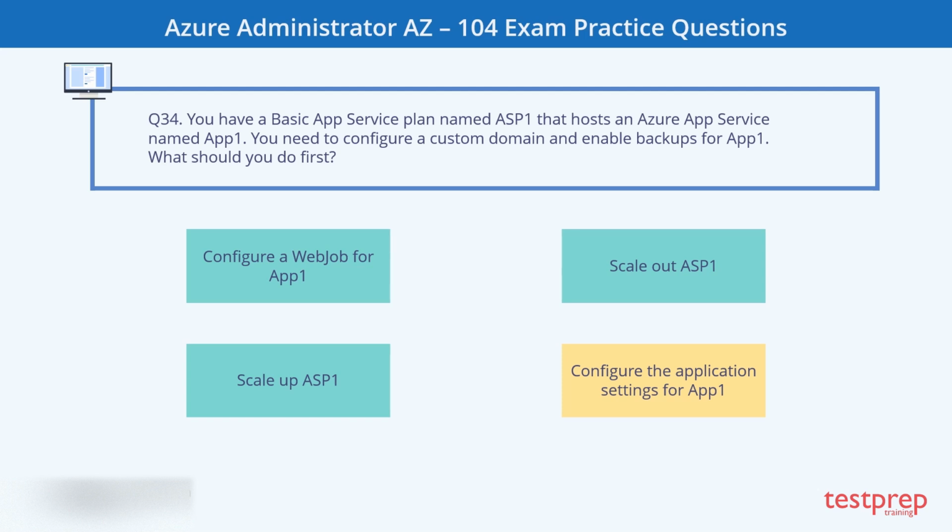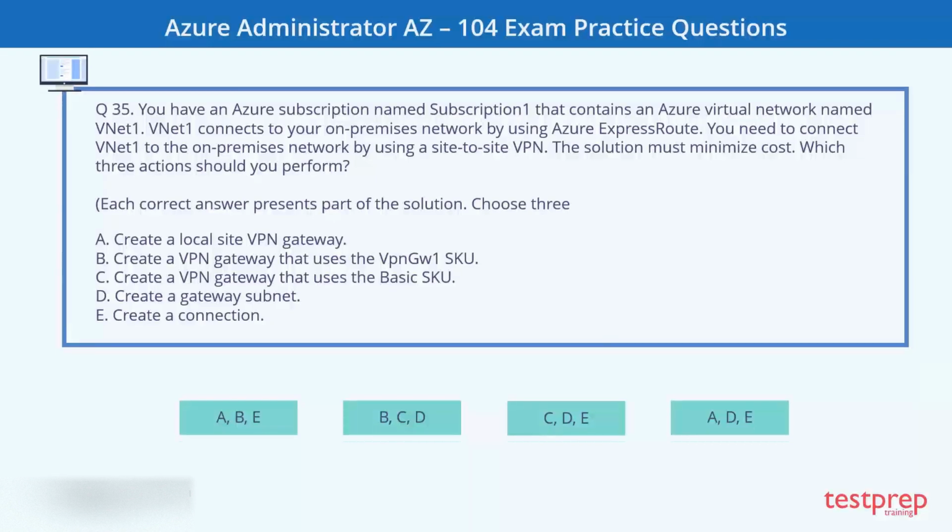Question 35. You have an Azure subscription named Subscription 1, that contains an Azure Virtual Network, named VNet 1. VNet 1 connects to your on-premises network, by using Azure ExpressRoute. You need to connect VNet 1 to the on-premises network by using a site-to-site VPN. The solution must minimize cost.